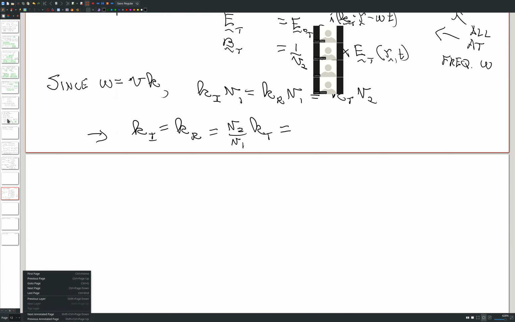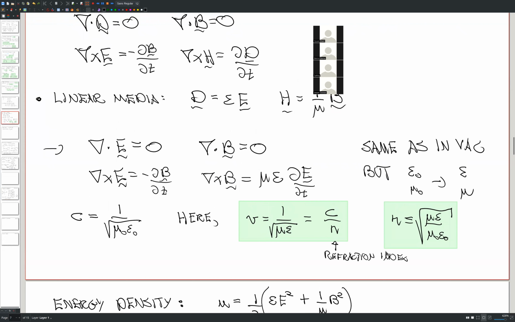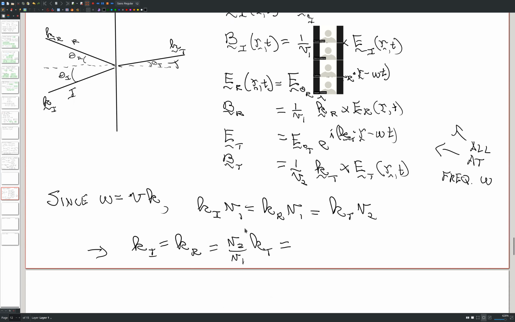We had introduced the refraction index as the ratio of the velocity of light to the velocity in the medium. If I use that here, this ratio of the velocities becomes the inverse of the ratio of the refraction indices. So this is now N1 over N2 k transmitted. Okay, so that's the first thing.